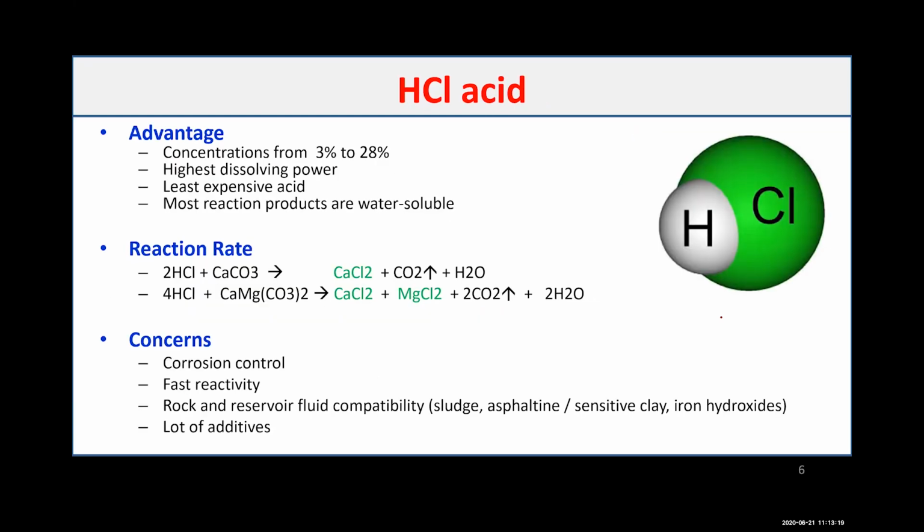So let's cover the main acids that we usually pump in the oil field industry. The first one and the most popular one is HCl. It has a lot of advantages, and we like this acid a lot. First, the concentration. You can have a wide range of concentrations from 3% up to 28%.